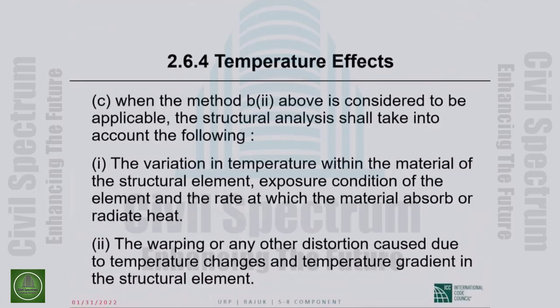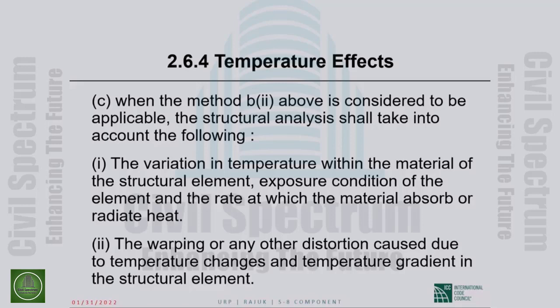When the second method is considered, you will calculate essentially the loads due to temperature differential. When the second method is considered to be applicable, the structural analysis shall take into account the following: the variation in temperature within the material of the structural element, exposure condition of the element, and the rate at which the material absorbs or radiates heat, the warping or any other distortion caused due to temperature changes, etc. So this is easy to say.